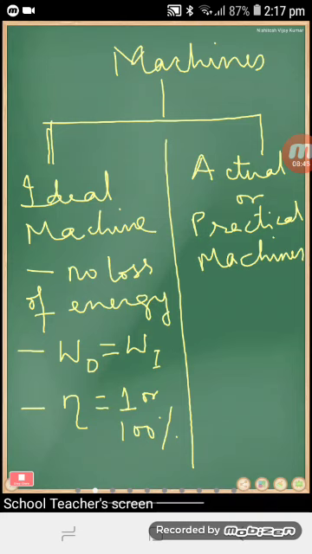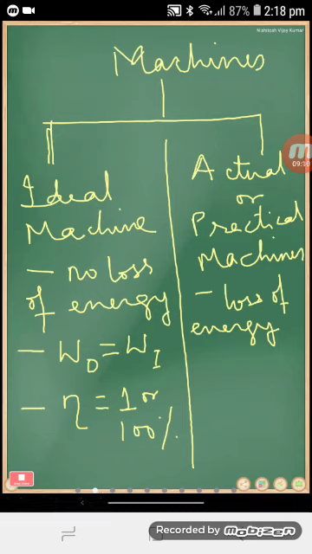So actual machine is the machine actually which you are using. Okay, so there you will find that there is a loss of energy taking place. Now when there is a loss of energy taking place, what will happen?